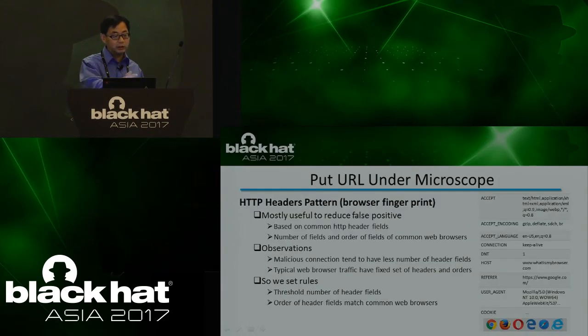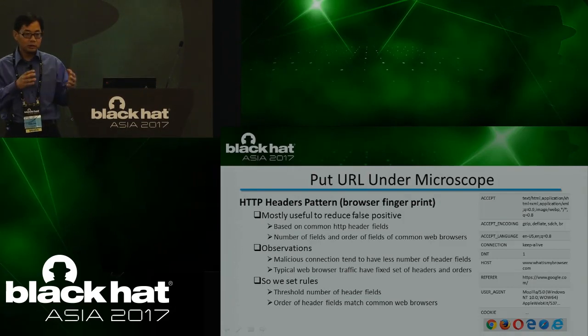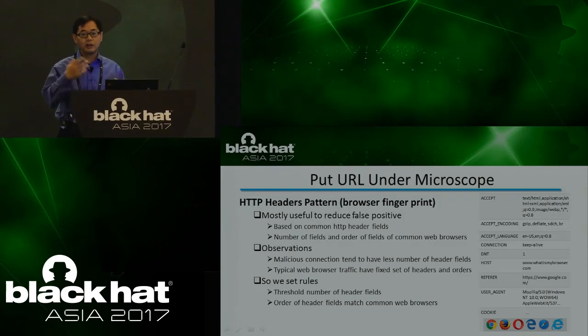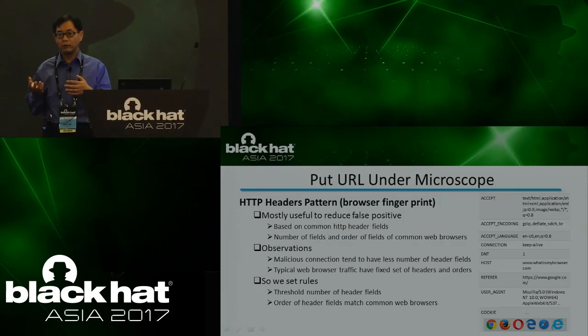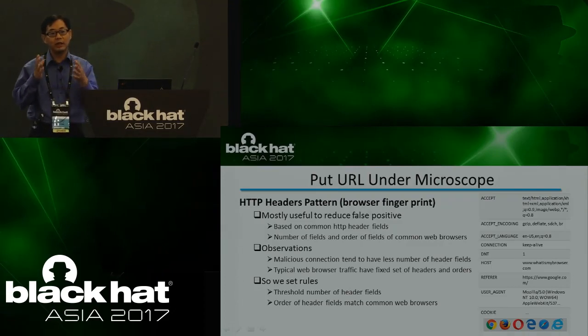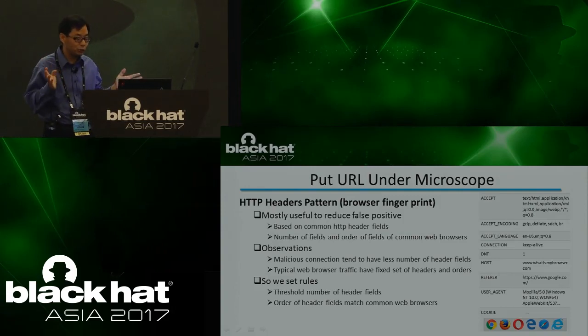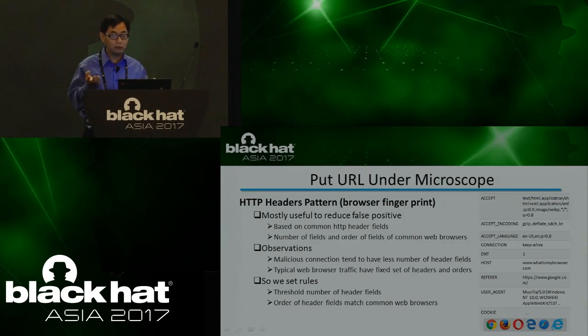Okay, before that, something I mentioned before is we also look at what are called HTTP header patterns, which are also called a browser fingerprint. The purpose of this is not for detection. It's basically to try to reduce false positives, because we found that malware tends to use fewer headers, since they don't do things like cache control or do not track.